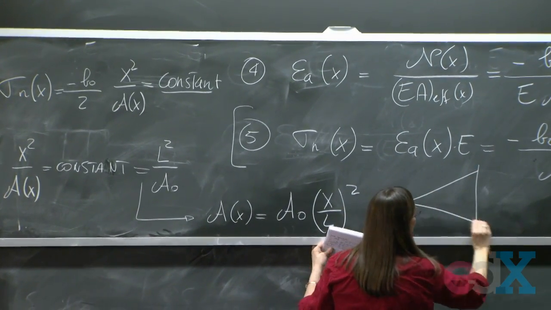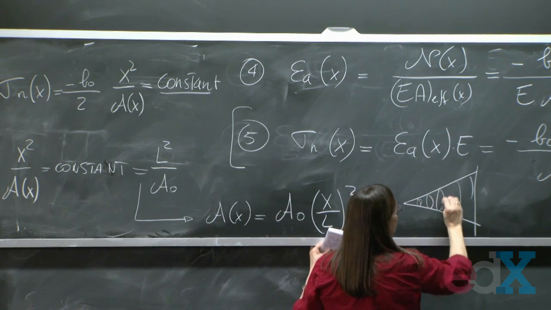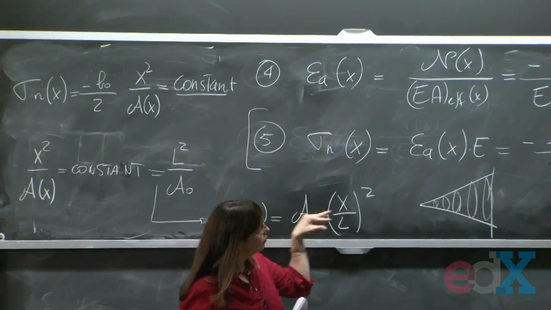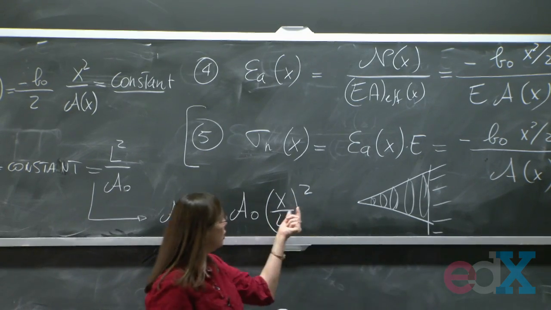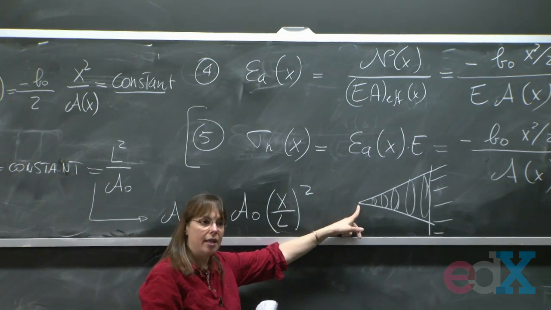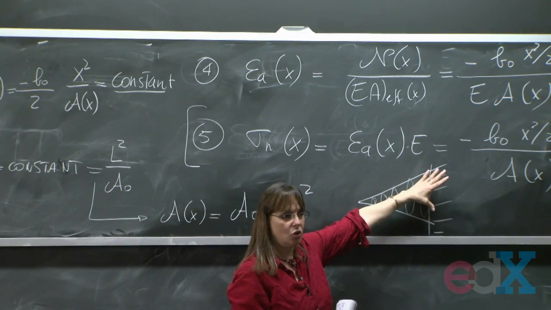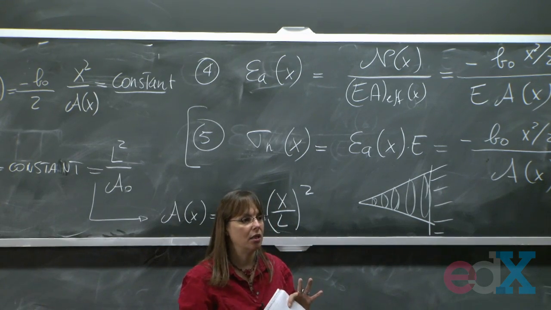It's going to look like a pointy nose, like the cross-sectional area. See, the area goes to 0 at x equals 0, and then it increases. So if the radius increases linearly, the cross-section goes quadratically, right?